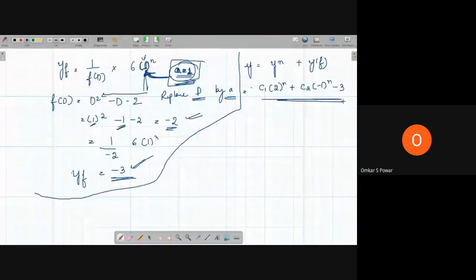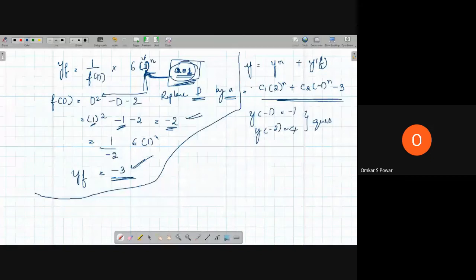But what clues have they given here? Two clues to find the values of C1 and C2: y of minus 1 is equal to minus 1 and y of minus 2 is equal to 4. This they have given in the question. We have to substitute this in the equation and get the values of C1 and C2.